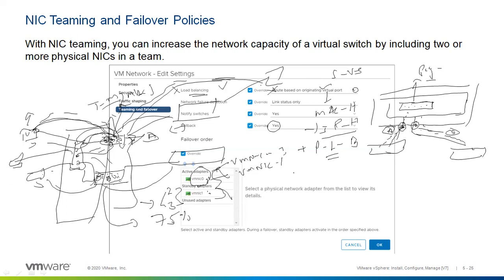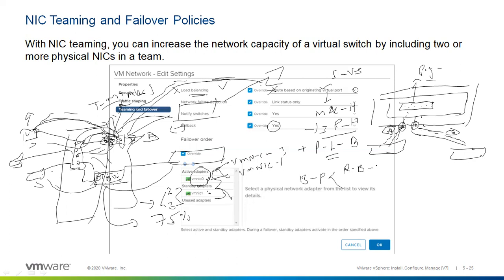Suppose there is a first NIC A and a second NIC B. One of the virtual machines is sending data from A and receiving data from A only, because a MAC table has been created.